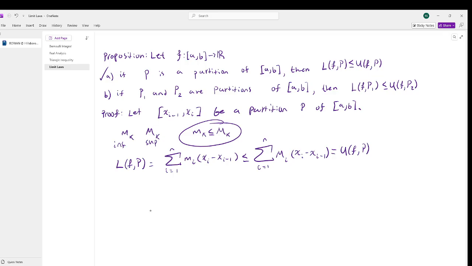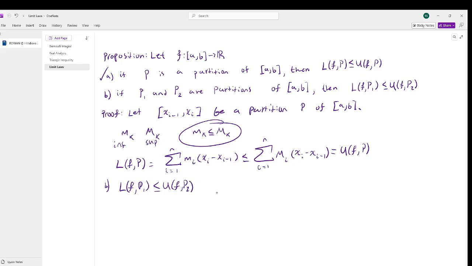Now we're going to prove the second part. To prove part b, we want to show that for any two partitions of [a, b], L(f, P1) is less than or equal to U(f, P2).